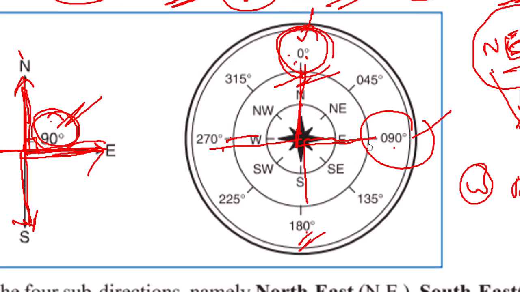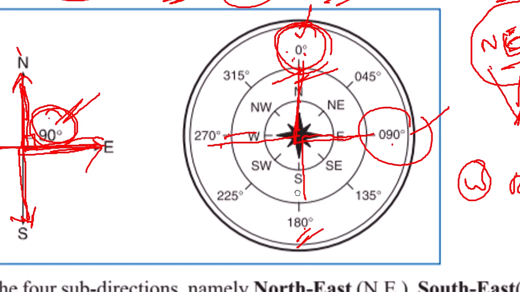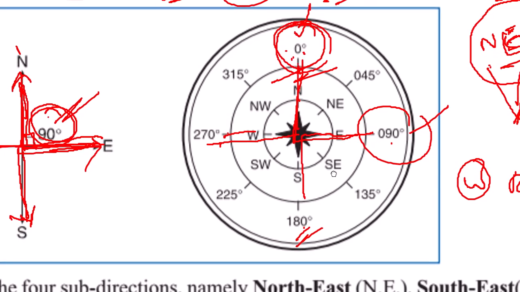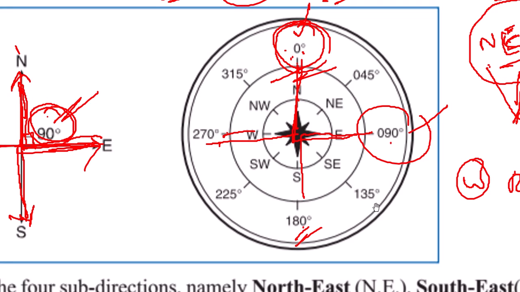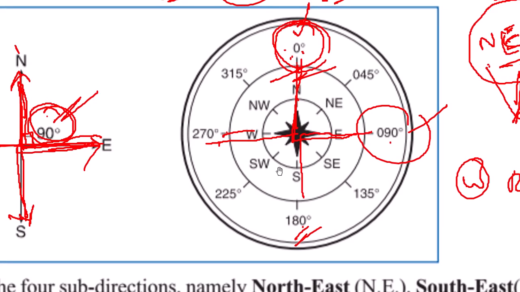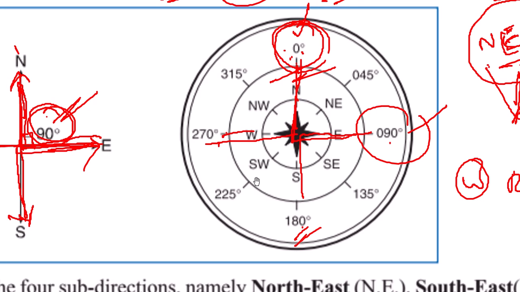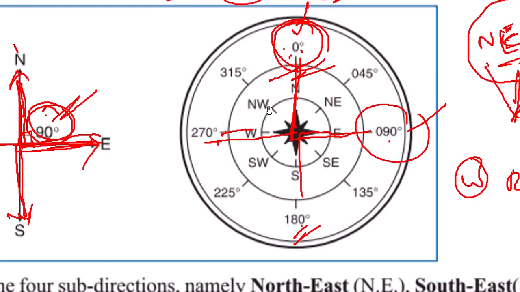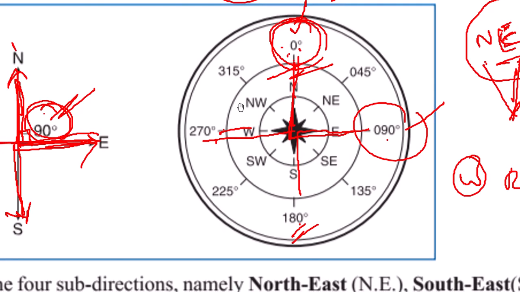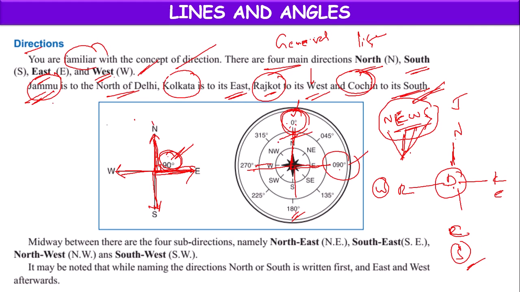In the same way, between east and south, we can denote southeast, represented with 135 degrees. Between south and west, we have southwest, 225 degrees. Between north and west, we have northwest, which is equal to 315 degrees. In this way, we can denote 4 more directions: northeast, southeast, southwest, northwest.